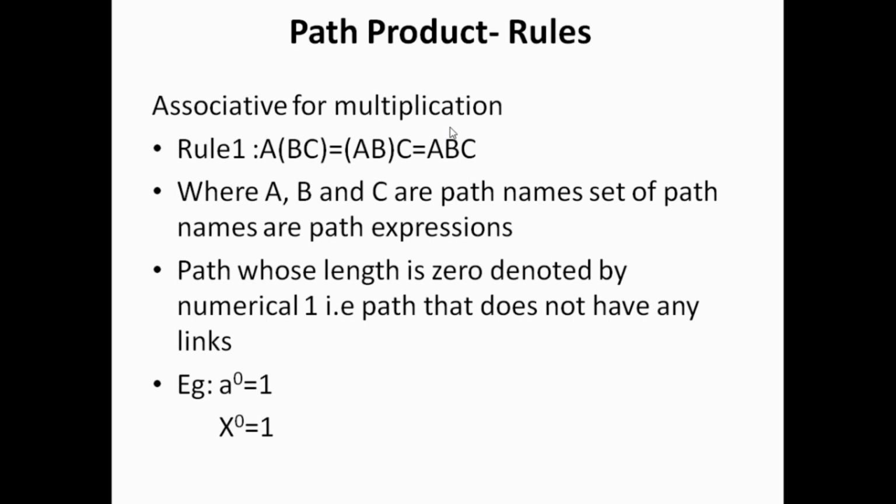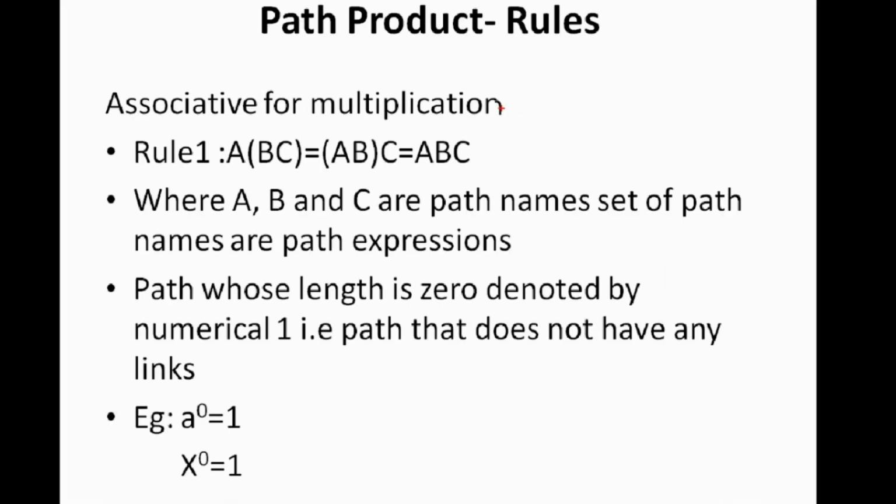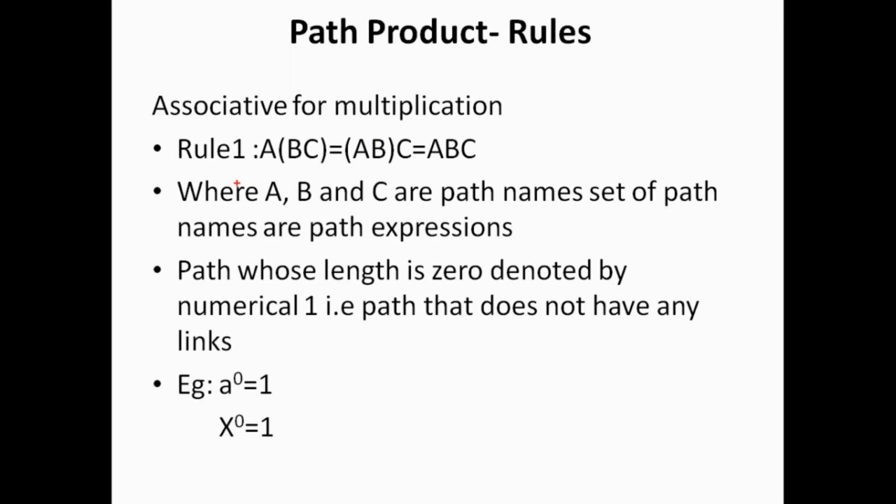So, rule number one is A of BC, which equals AB of C, which also equals ABC, where A, B, C are path names, and a set of path names is a path expression.